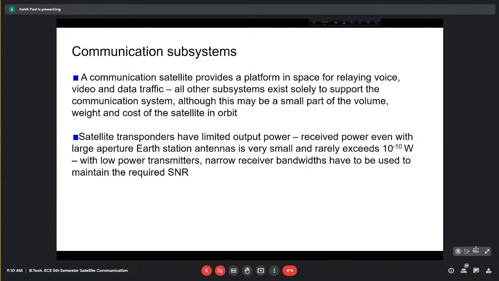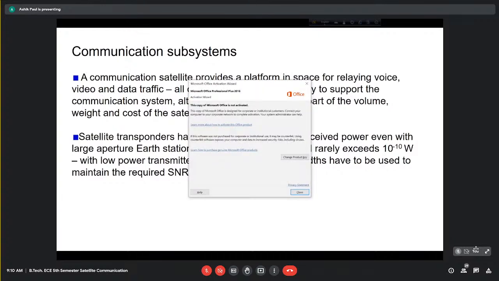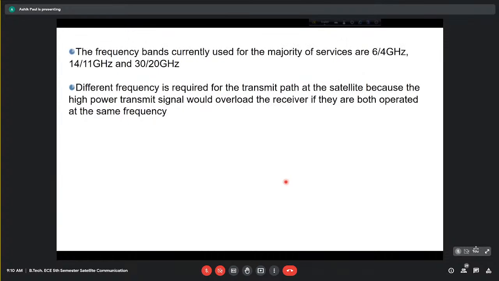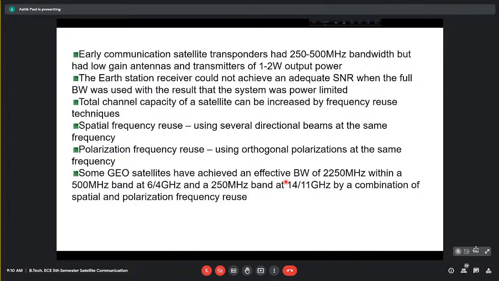So in the last class, I think we were talking about this communication subsystem, and we know that essentially there are two different kinds of frequency conversion techniques used in the transponder, depending on the pair of frequencies being used.